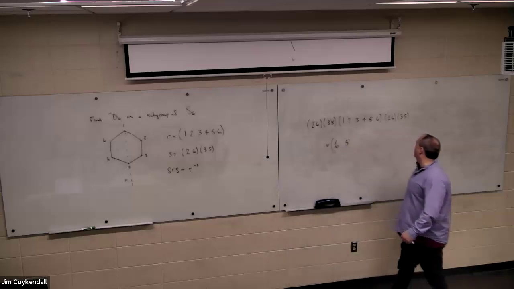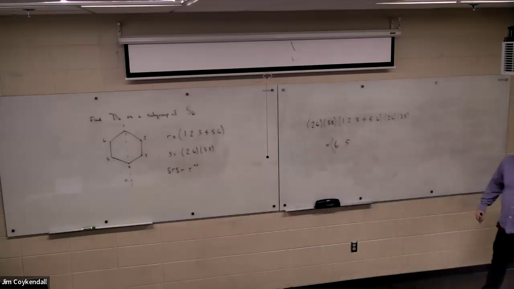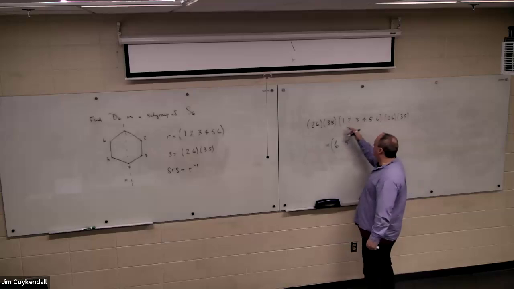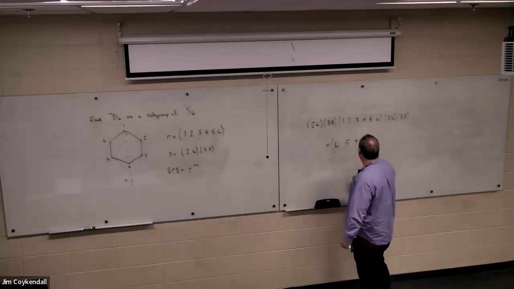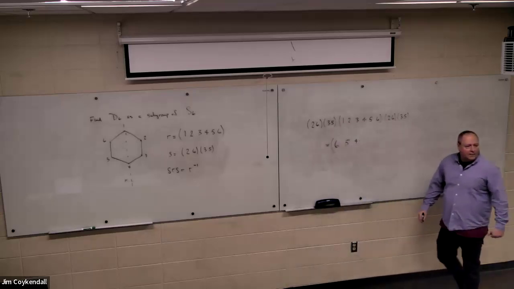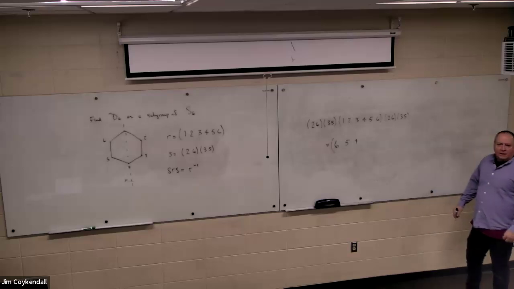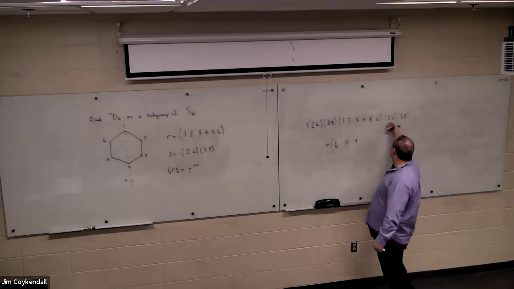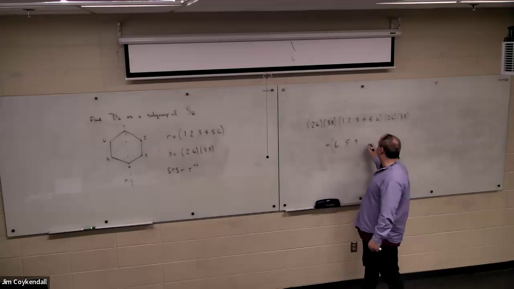Then where does 5 go? 5 goes to 3, 4, and then it's done. 4 goes to 5 and then to 3.